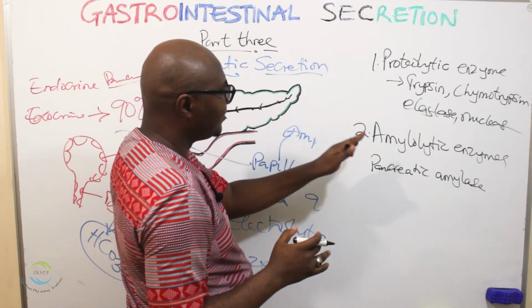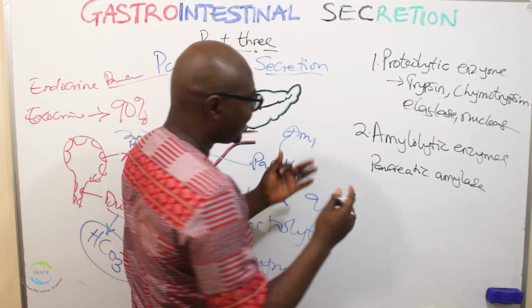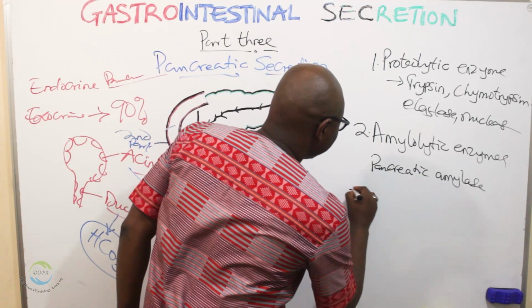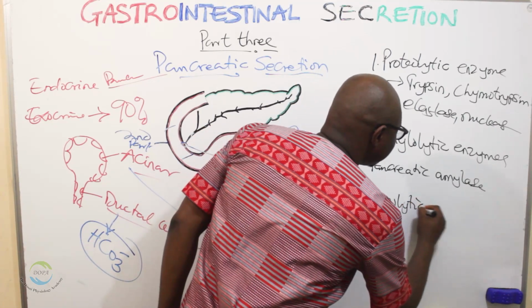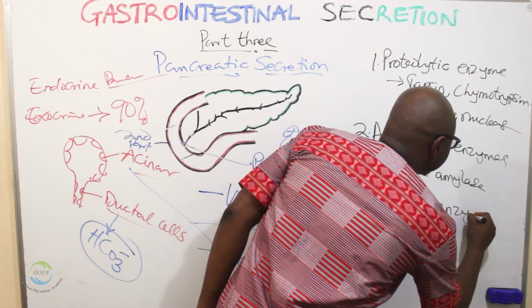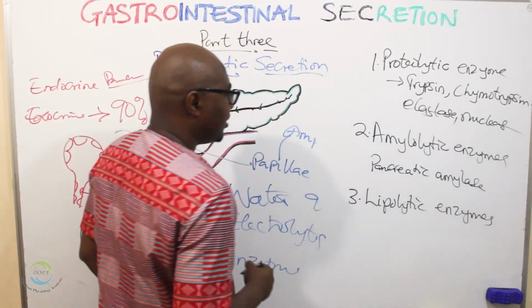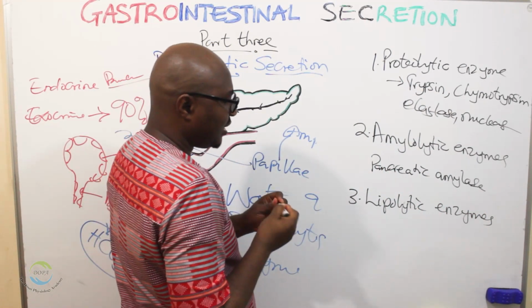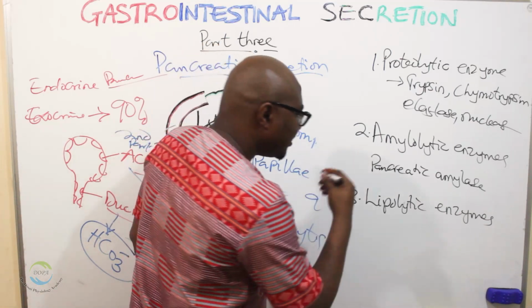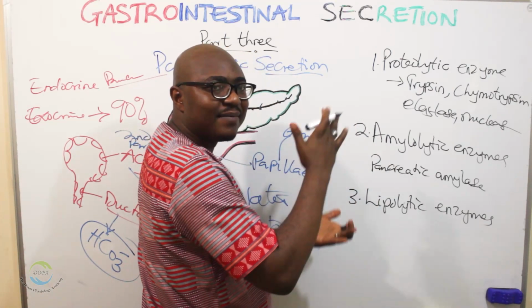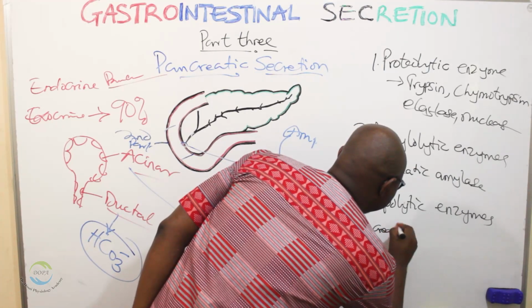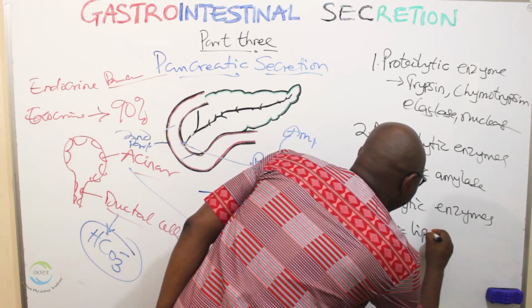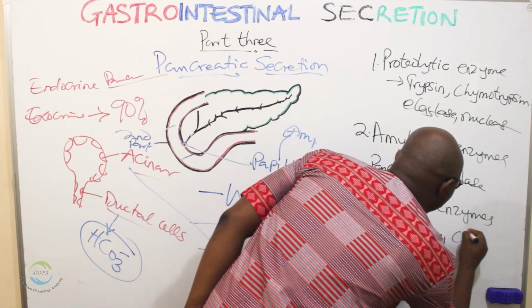So protein, carbohydrates, and the next one is fats or lipids. So lipolytic enzymes. An example of a lipolytic enzyme is pancreatic lipase. There's another one called colipase.